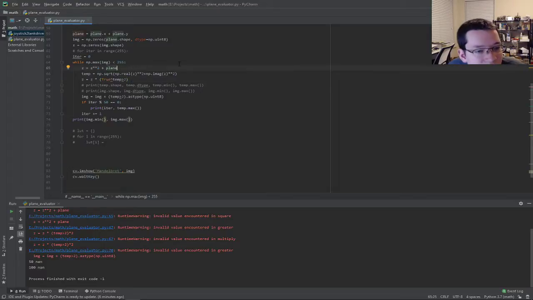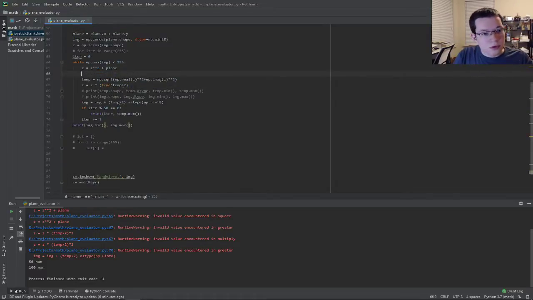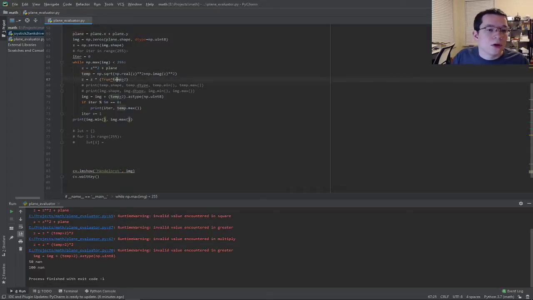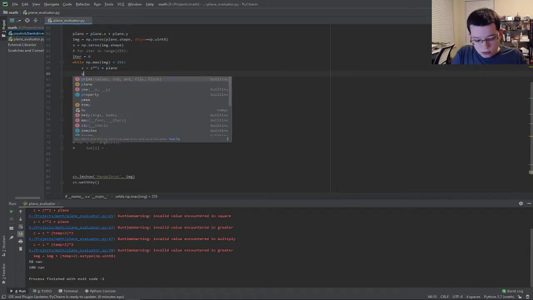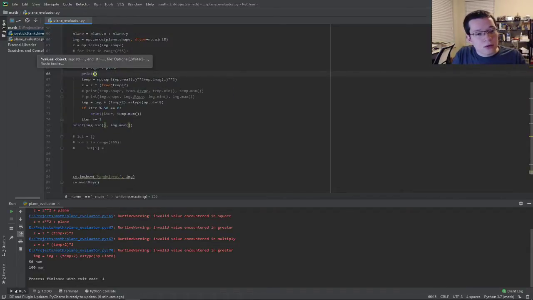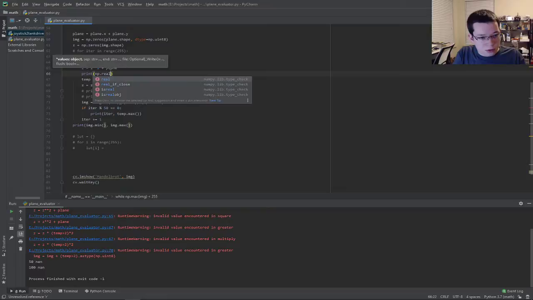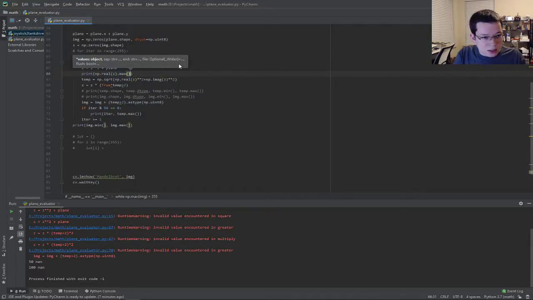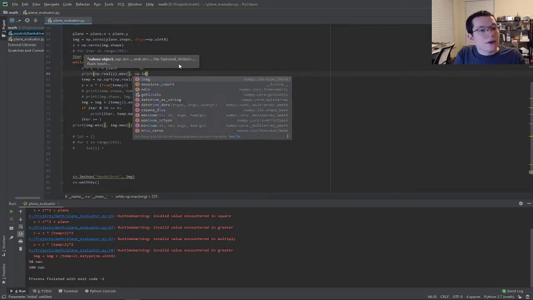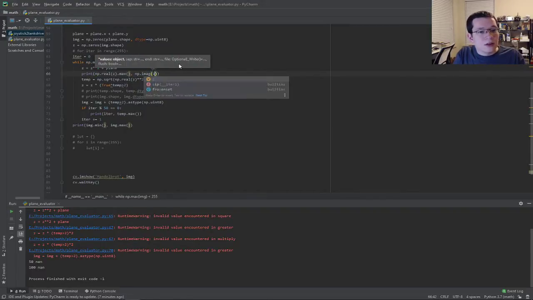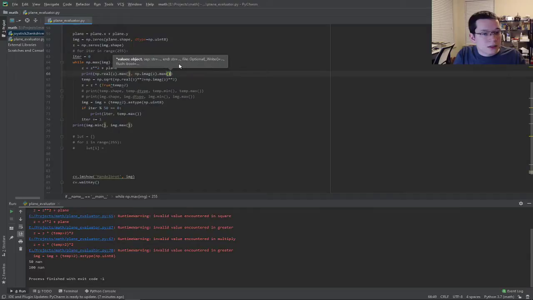Out of curiosity, print np.real of z.max, np.imaginary of z.max.